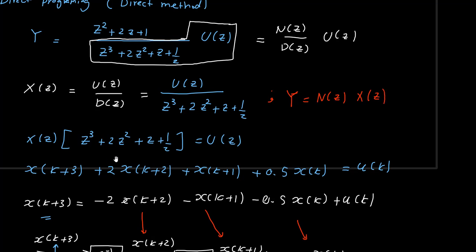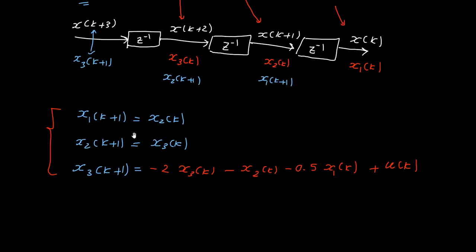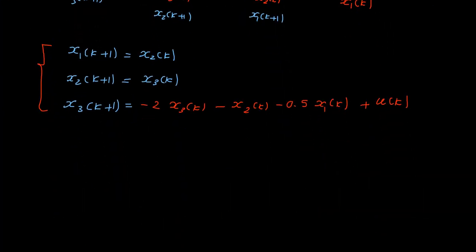Now y will equal the n, which was z squared plus 2z plus 1, multiplied by the x.